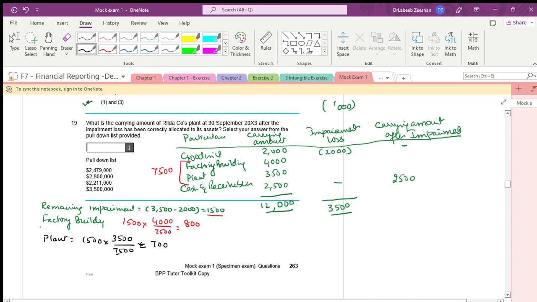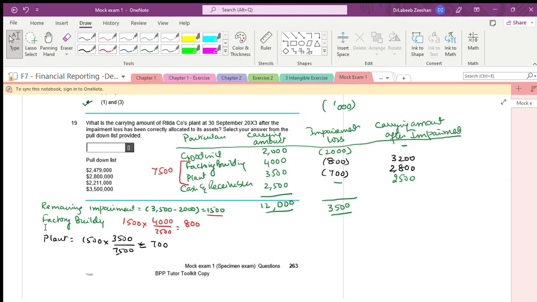Factory building is 4000 minus 800, which is 3200. Plant is 3500 minus 700, which comes to 2800.